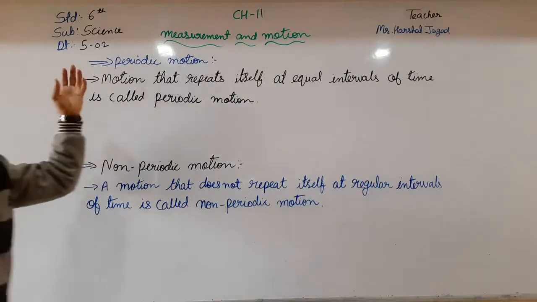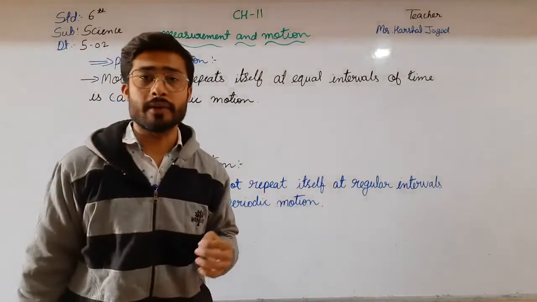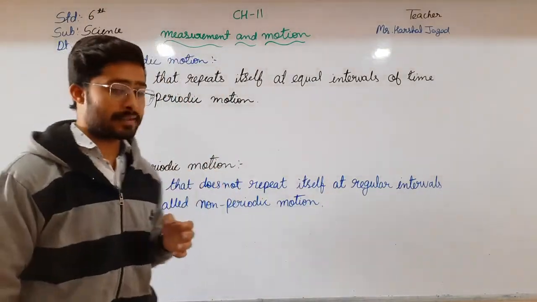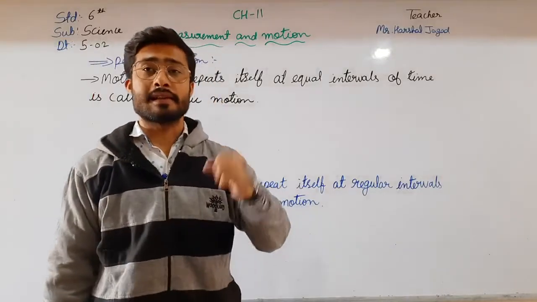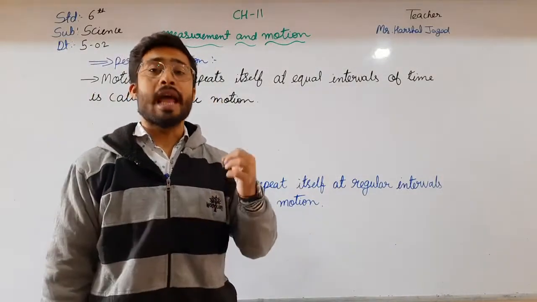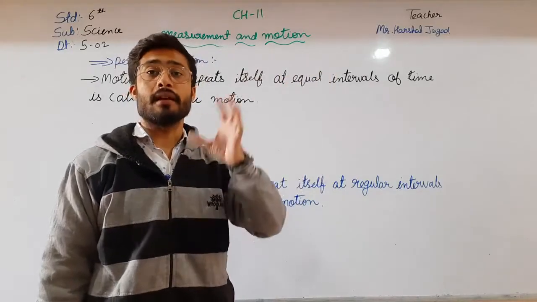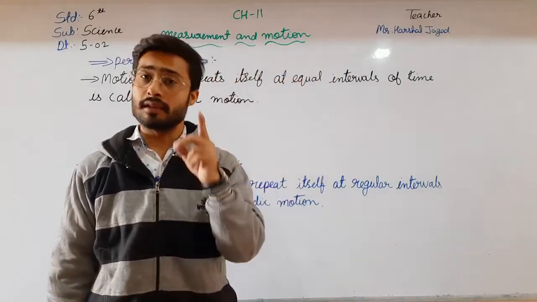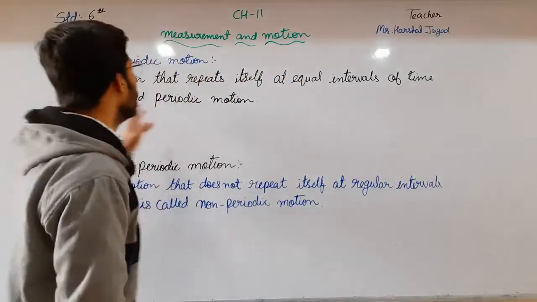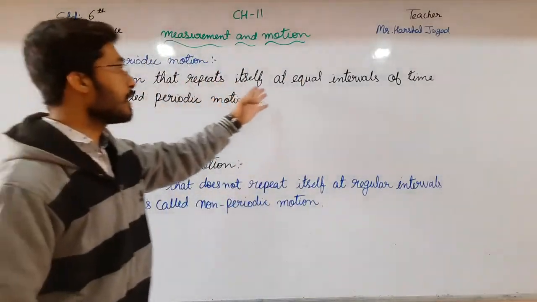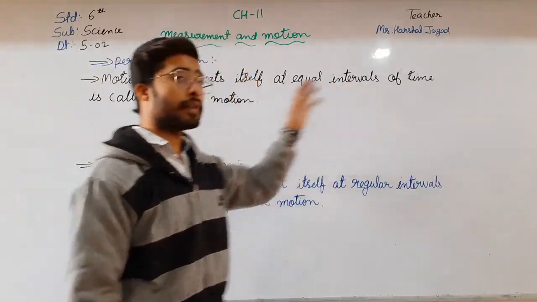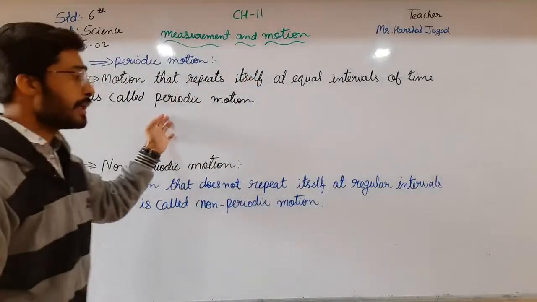First of all, what is periodic motion? If I give an example, the sunrise and the sunset are periodic motion. Has it ever happened that one day the sun didn't come? Yes, it will happen, but the cloud will come in between, but the sun will be there only. So motion that repeats itself at equal intervals of time is called periodic motion.